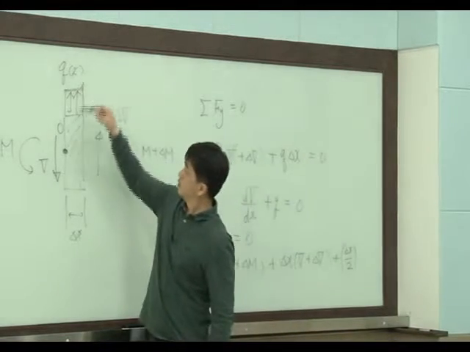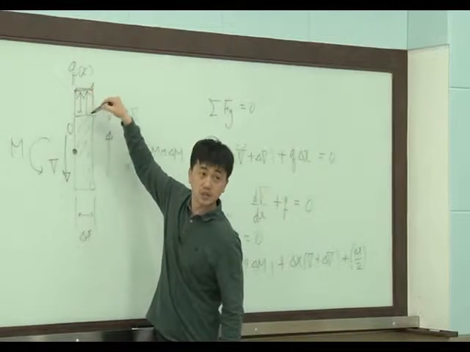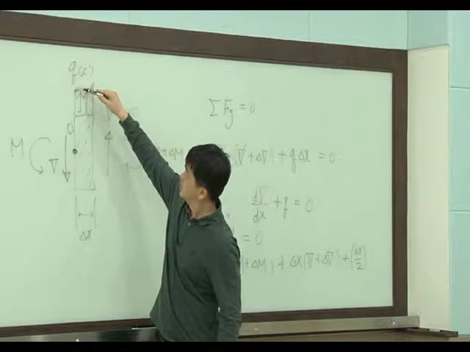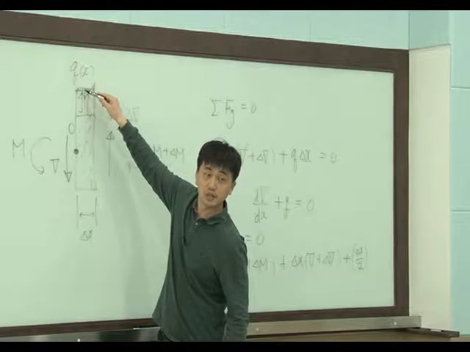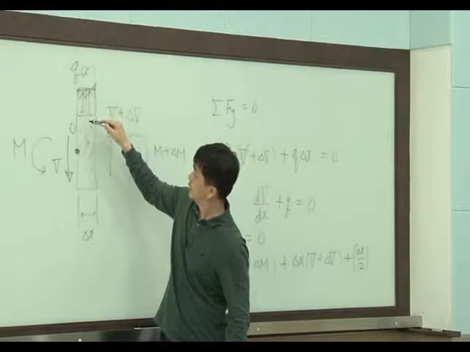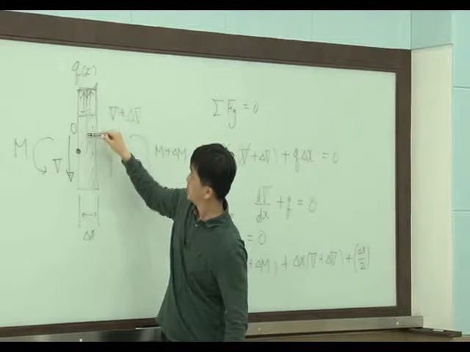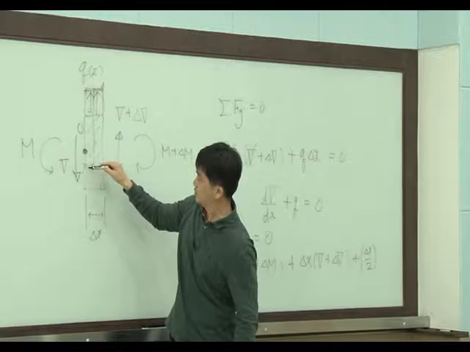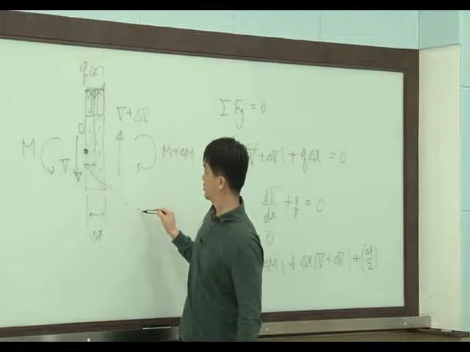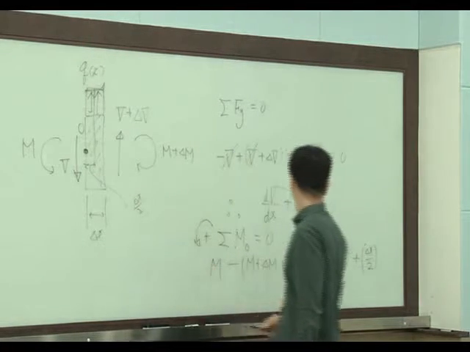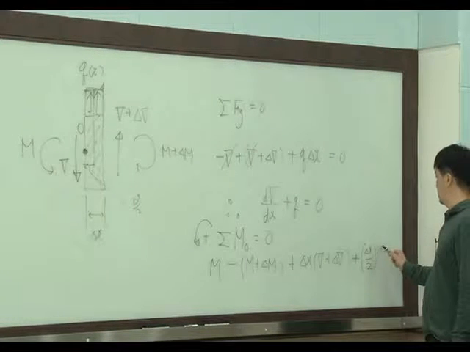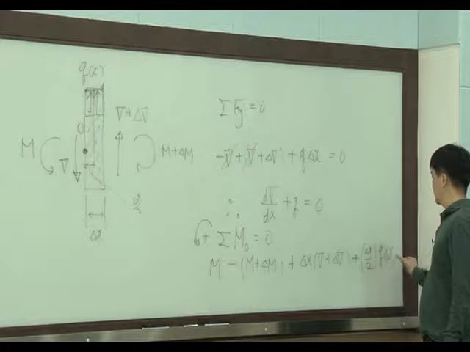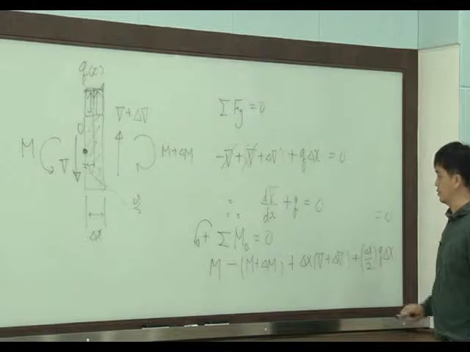So this is almost constant, right? So the center of this load is here. Okay, the center of this distributed load is here. So this is half of the delta x. So delta x over 2, and magnitude q delta x, equals 0.